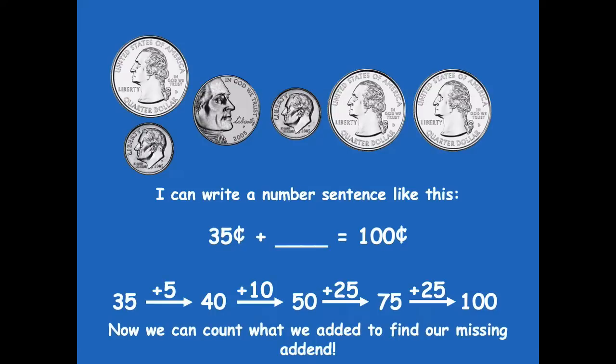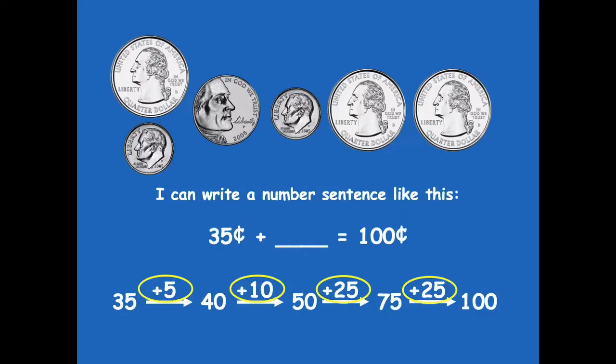Now we can count what we added to find our missing addend. So that blank that we have in our number sentence, we're going to count 5, 10, 25, and 25 to find out what we actually added from 35 to get to 100. So we would say 5 cents plus 10 cents plus 25 cents plus 25 cents equals, what do you guys think?